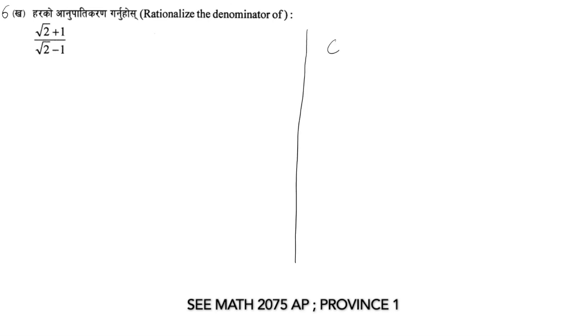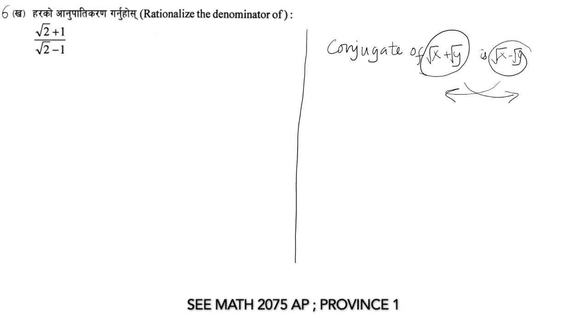So the conjugate of x plus y is x minus y. Or root x plus y is root x minus y, or vice versa. So the conjugate of this term is this term, and they can be interchanged.